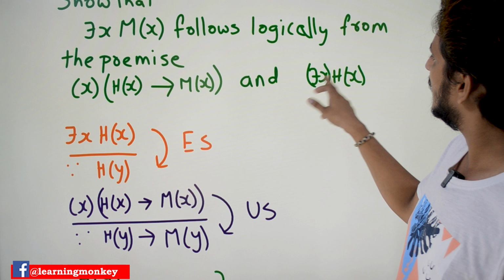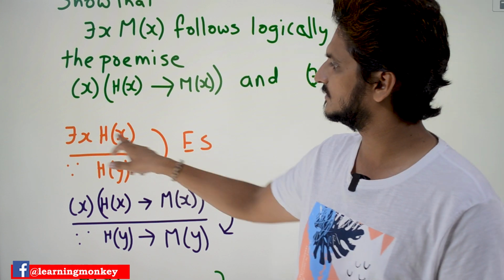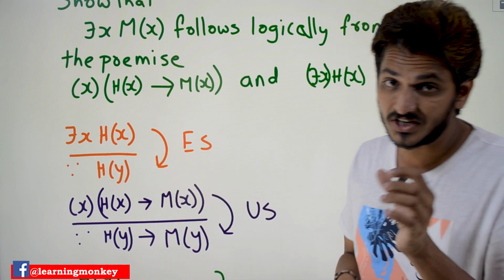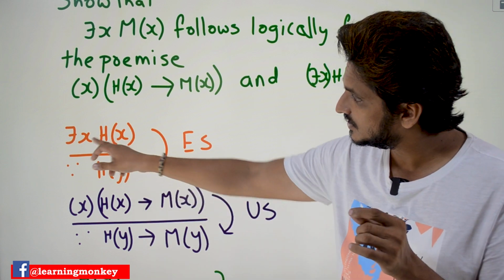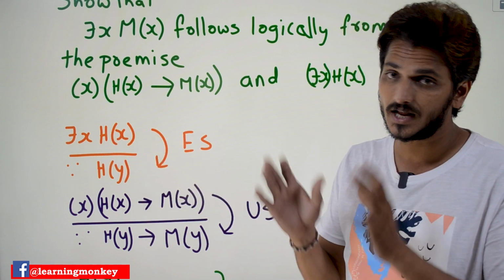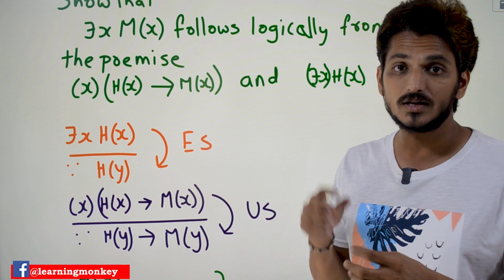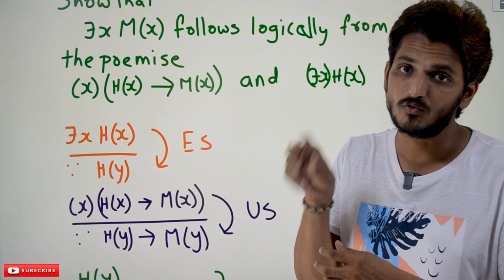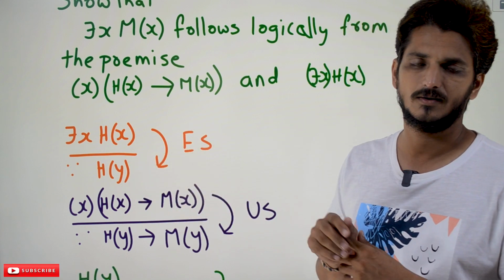Take the second premise, there exists x h of x. Using existential specification, this can be written as h of y. We are introducing a new variable called y, which is a free variable here.